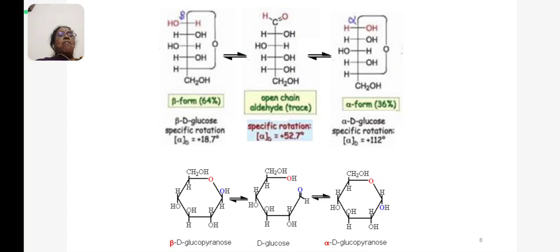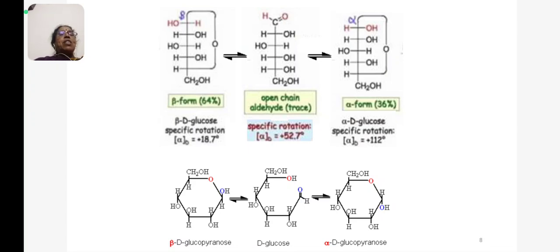In the alpha form, the hydrogen atom is at the top and the hydroxyl group is at the bottom. In the middle we have the open chain structure, where the hydroxyl group of the fifth carbon atom is connected to the first carbon atom via oxygen, so that we get this Haworth structure.